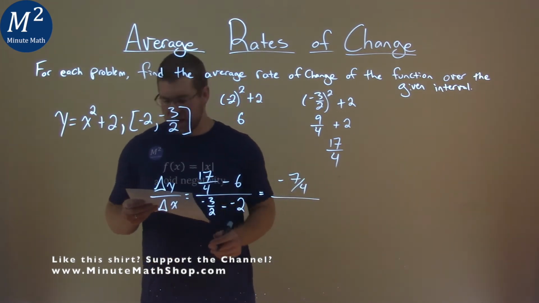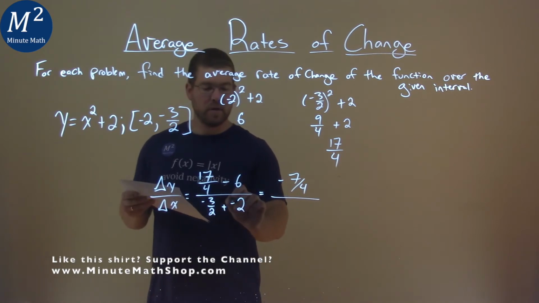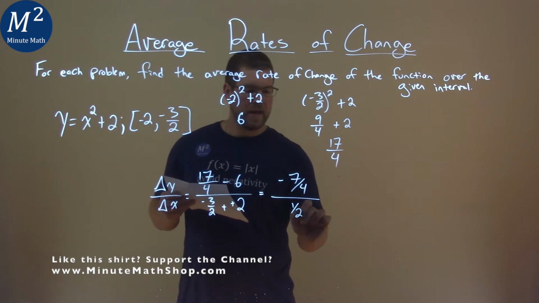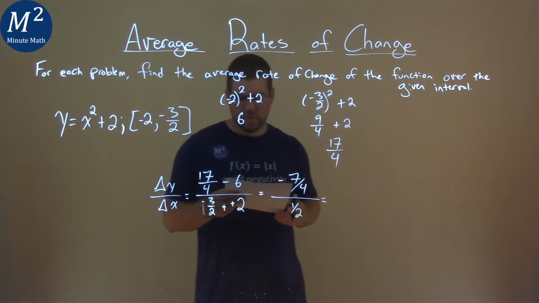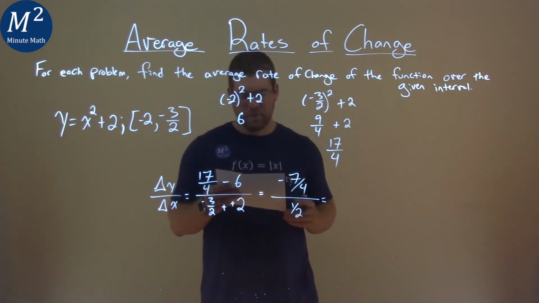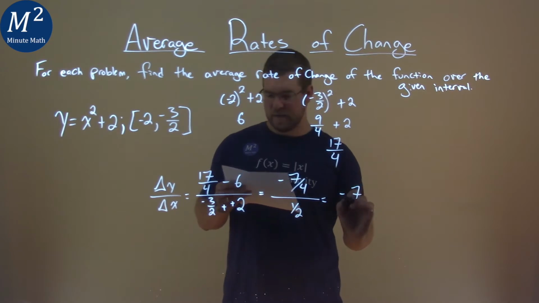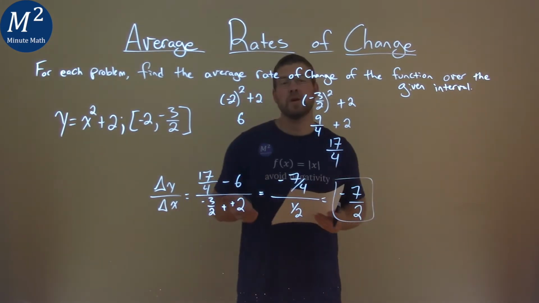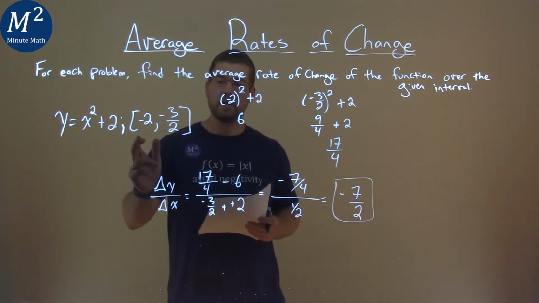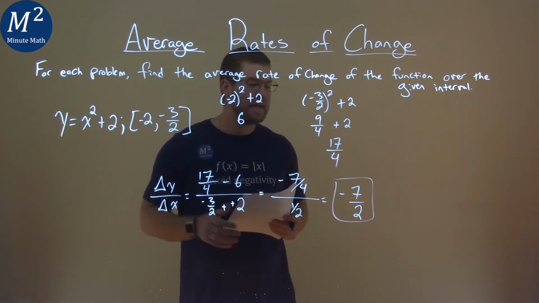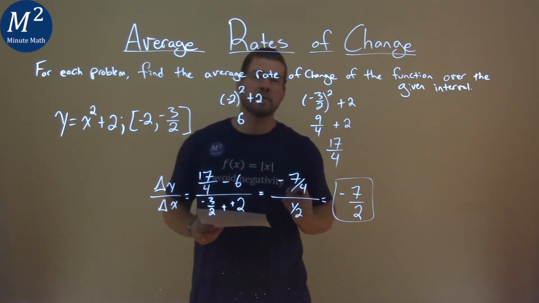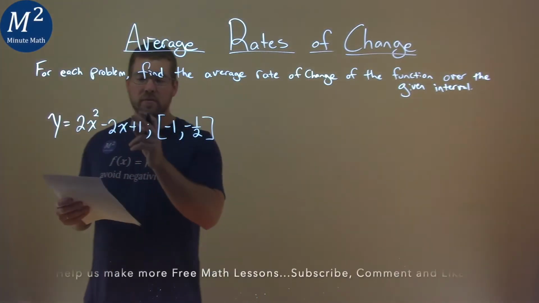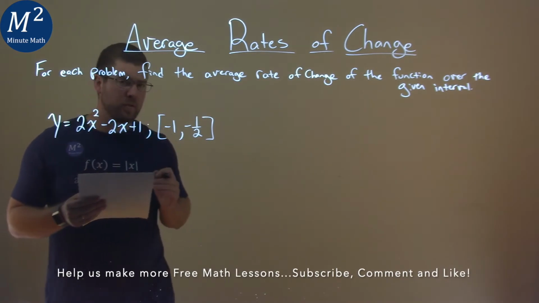The denominator, negative 3/2 minus a negative 2, or plus a positive 2, comes out to be a positive 1/2. Negative 7/4 divided by 1/2 is negative 7/2 here. And so our final answer for the average rate of change over the interval from negative 2 to negative 3/2 is negative 7/2.